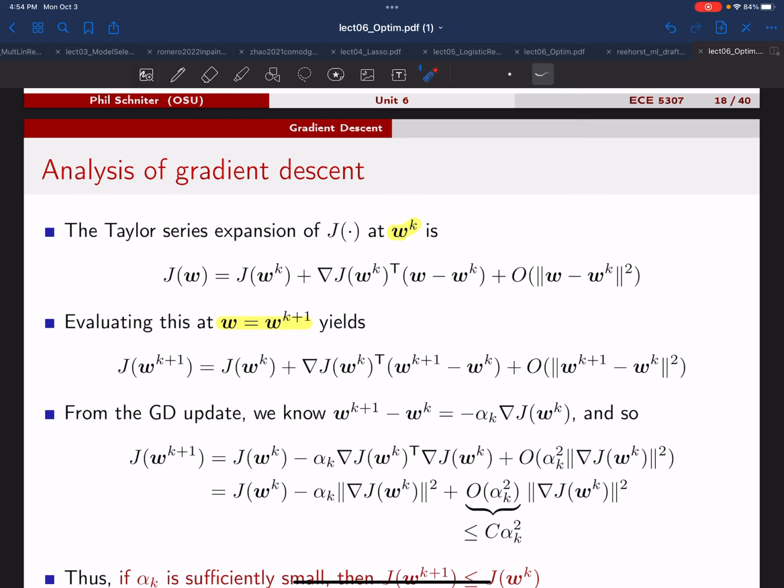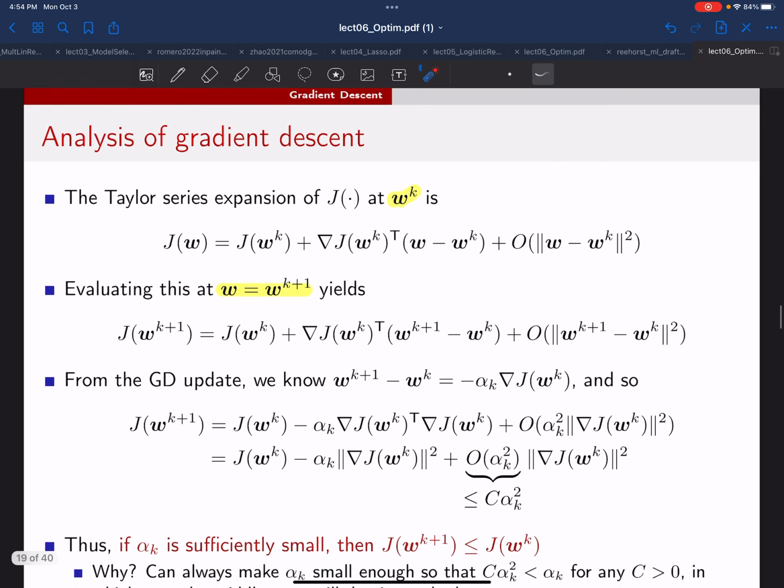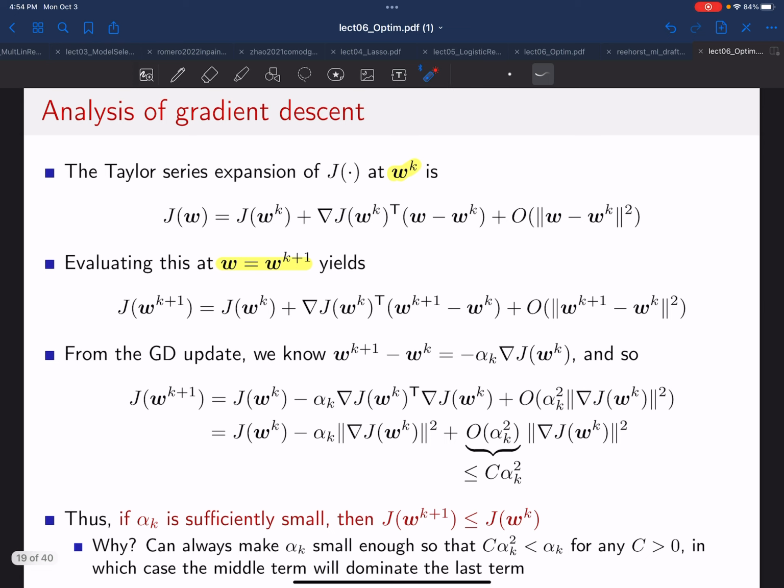So now we have this term order alpha k squared, and we notice that that is one scaling on this term, and then we're adding minus alpha k times that same norm. So basically, altogether, we have the new cost equals the old cost minus alpha k plus order alpha k squared times this norm.